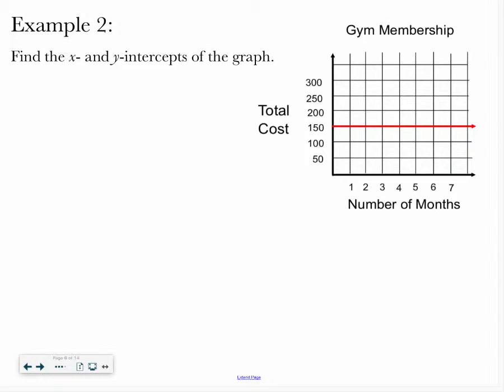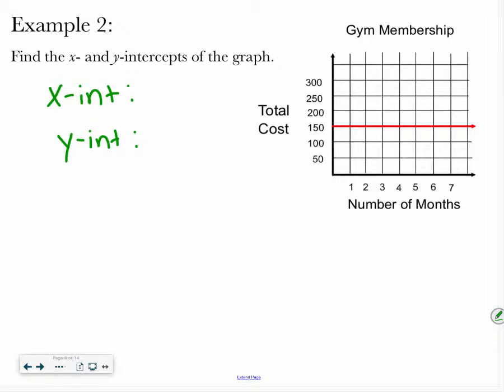Let's look at example 2. We want to find the x and the y intercepts of the graph. So if we look, we have a graph about gym memberships, and then the total cost is on our y-axis, the vertical line, and the number of months of gym memberships is the x-axis. Now, we want to determine our x-intercept and our y-intercept.